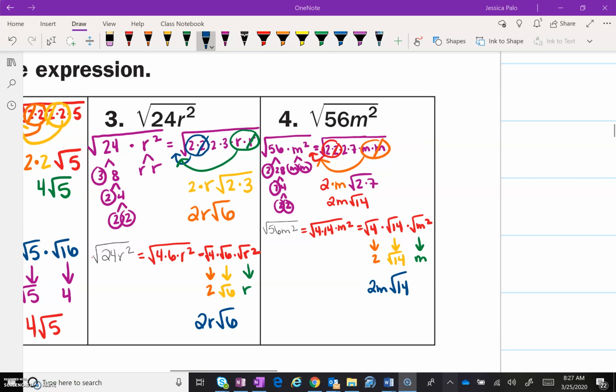If you use the perfect square factor method, you get 4 times 6 times r squared. 4 and r squared are perfect squares, so when you simplify, radical 4 becomes 2, radical 6 stays radical 6, radical r squared becomes r. Use the commutative property of multiplication, and you will get 2r radical 6, which is the same answer.